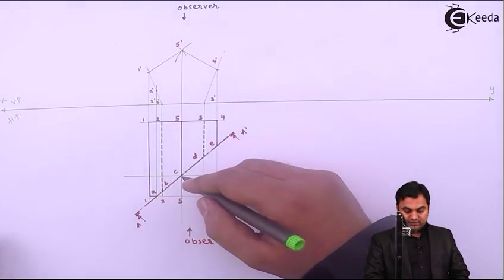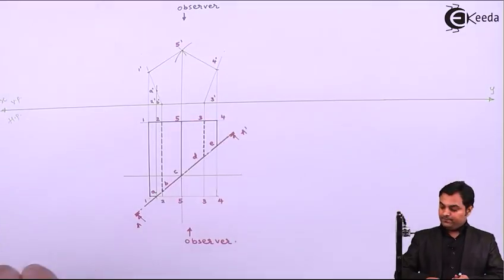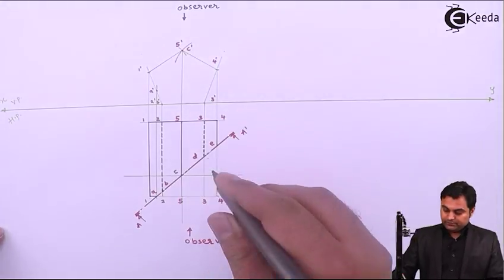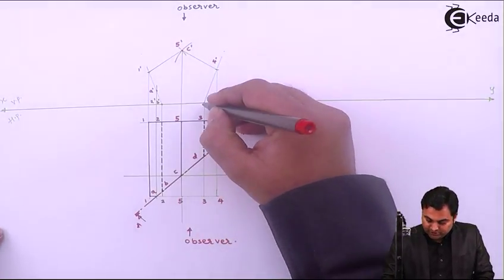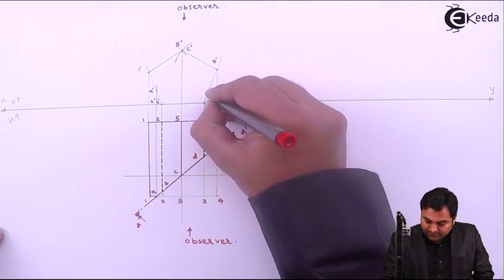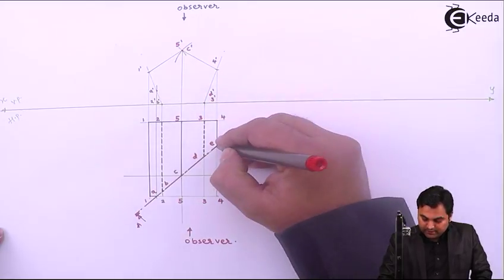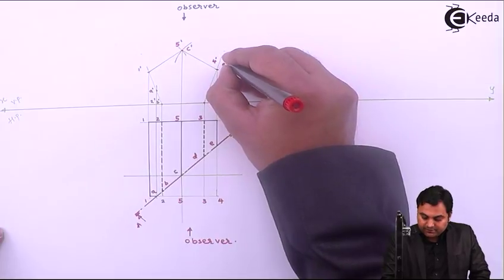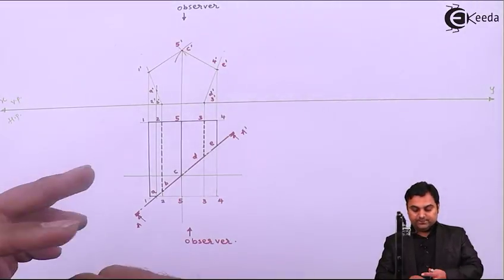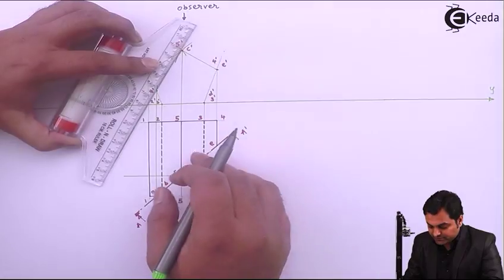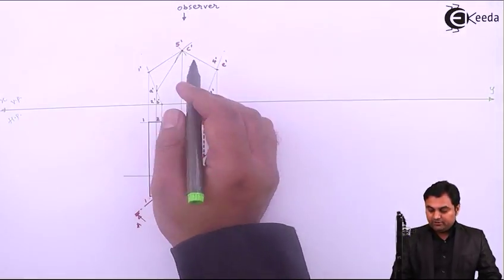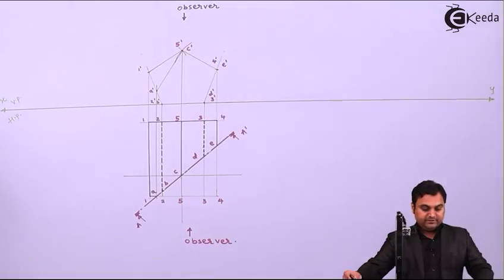Next, C will be at the same location as 5, so this point is C dash. Then D will be at the same location as 3, so that will be D dash. And E will be at the same location as 4, so that will be E dash. Joining them with the help of light line first, so A to C will be connected. Remaining all points are there, so I'll make it dark.